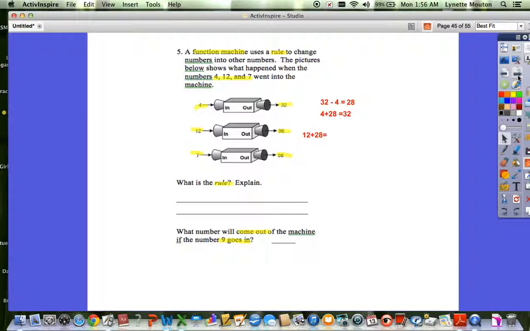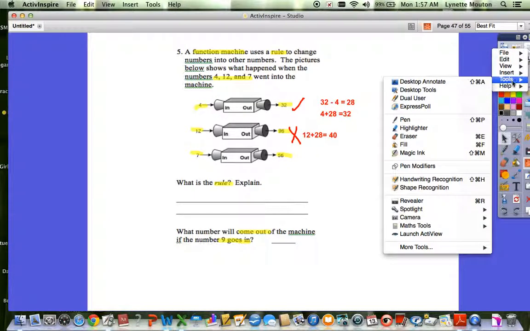So now we'd have to take that 28 and add it to each of the others to see. 12 plus 28. Again, use your calculator. It's available to you. 12 plus 28 is 40. And we know that that does not work. So the first one worked, the second one did not. But we have to go on and try the third one. 7 plus 28. Let's try that one. Sorry, before we move on, just to see.